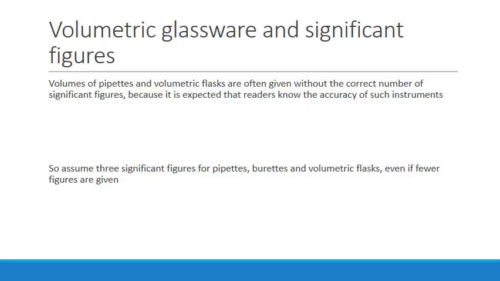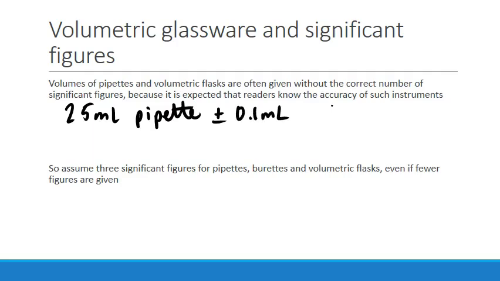So, for example, if we have a 25 milliliter pipette, which some of you might use, it has an accuracy of about plus or minus 0.1 milliliters. This gives us an average, or the kind of accepted value, for all volumetric measurements of an accuracy of about 0.5% to about 1%.